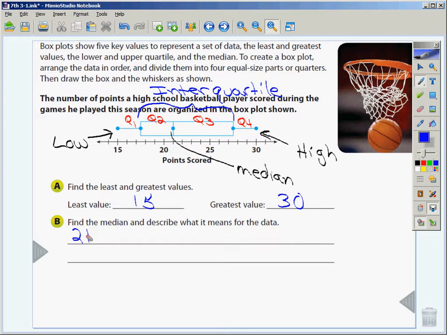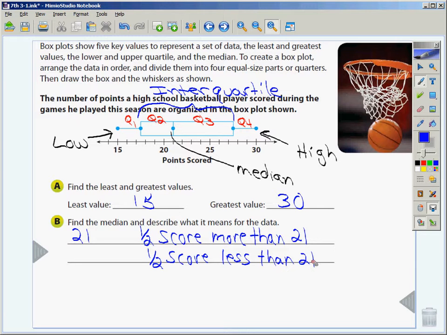Half score more than 21. Half score less than 21 points.